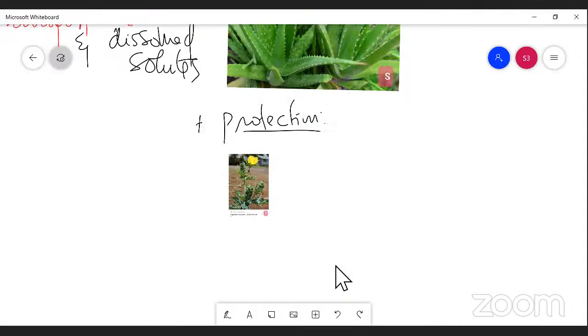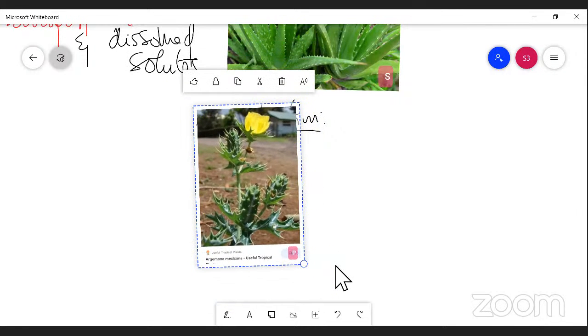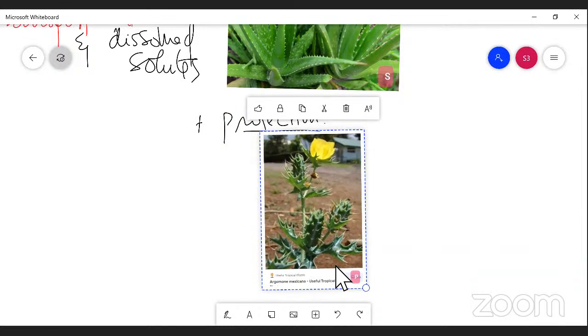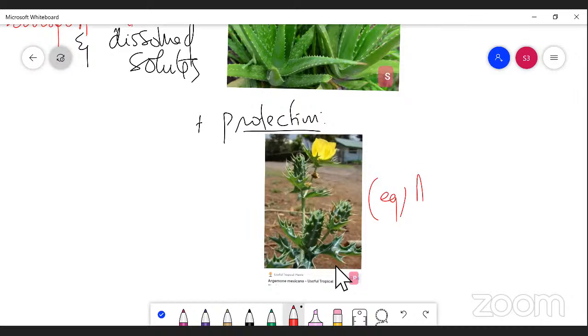This is for protection, by formation of some thorns from the leaf lamina, right, my dear students? This is an example of protection because it produces thorn-like structures from the leaf lamina. Example, I can say Argemone mexicana.